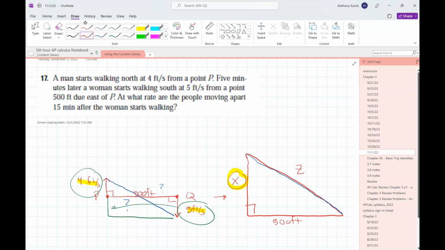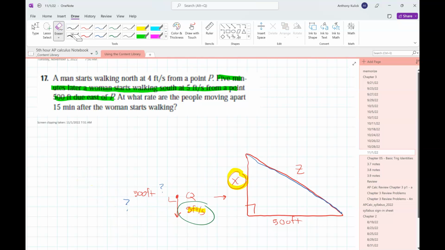No, she doesn't start walking after 15 minutes. They're asking for the rate. So 5 minutes. No, it says 5 minutes later, a woman starts walking. Okay. That's fine though, right? So here, let me redraw this real quick.